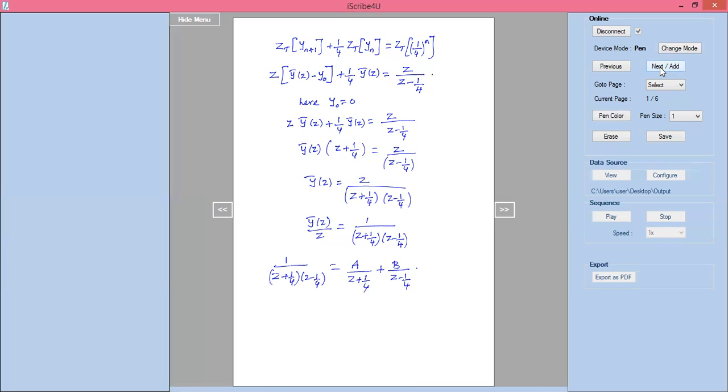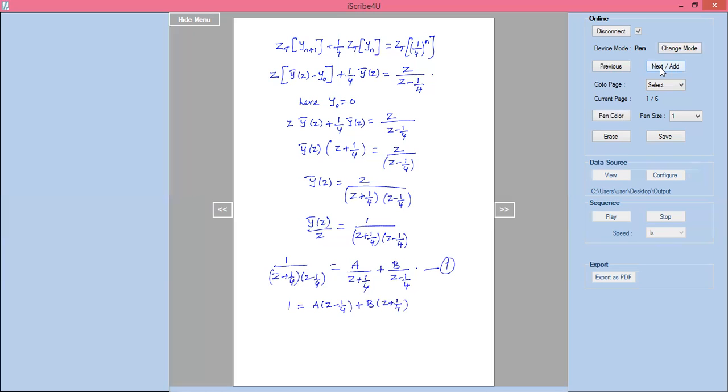Now, if you cross multiply, you will get 1 equal to a into (z minus 1/4) plus b into (z plus 1/4). I'll consider this as equation number 1 and the earlier one as equation number 2.